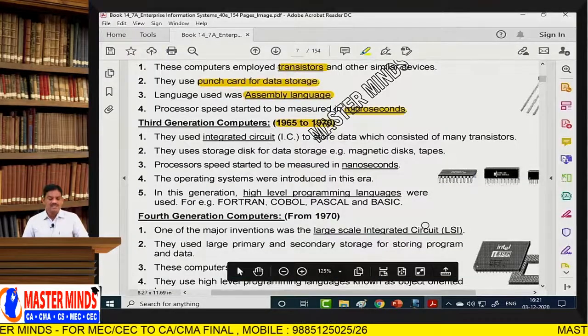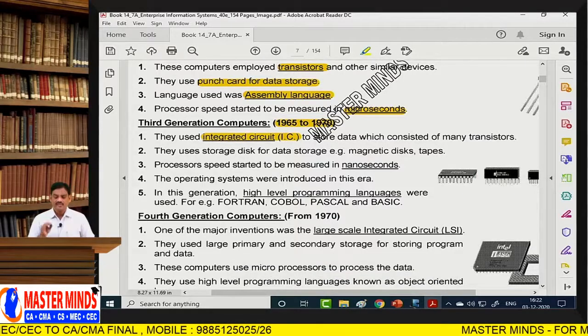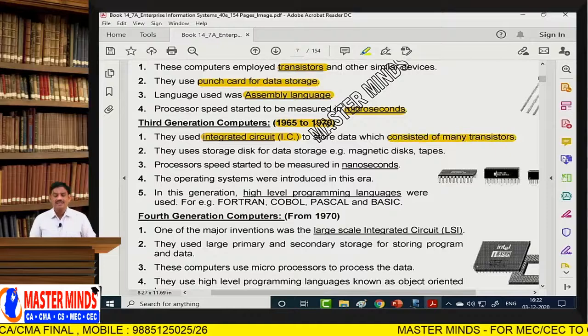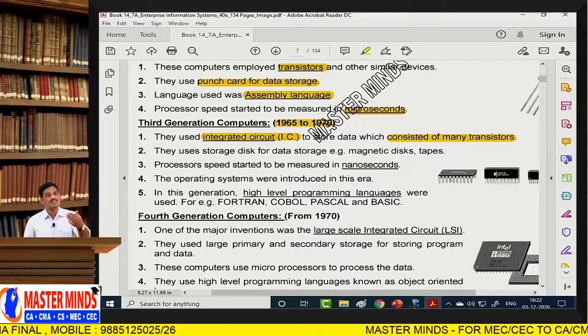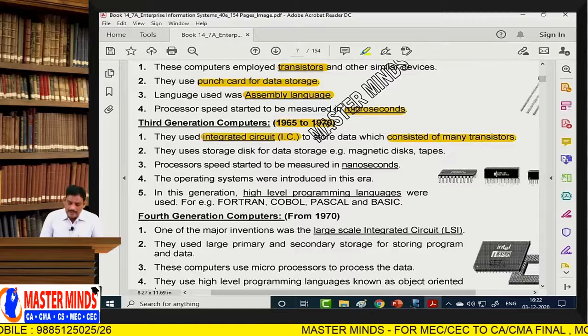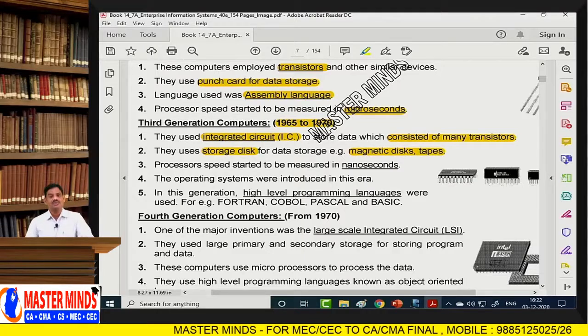So in the case of the third generation of computers, we used integrated circuits to store the data, consisting of many transistors, capacitors, resistors, diodes and so forth. They used storage media called magnetic disk and magnetic tape for data storage, like hard disk and like tape recorder cassette.